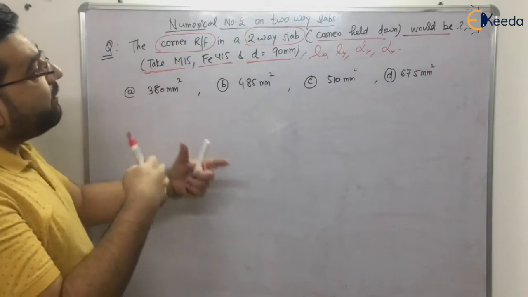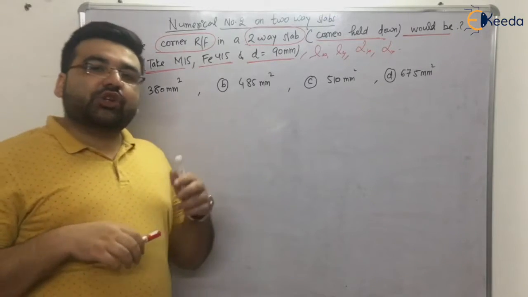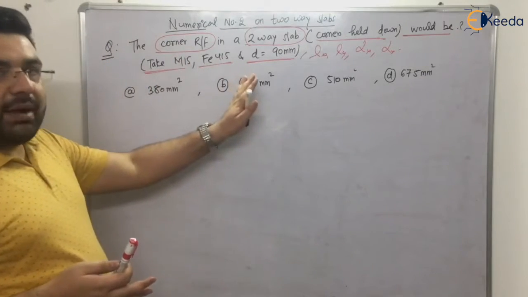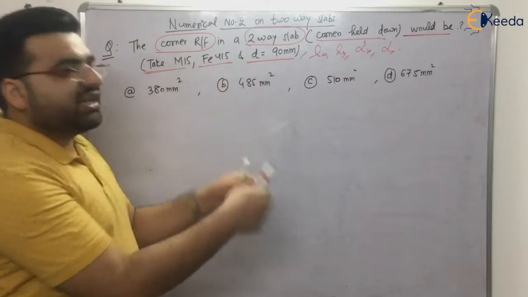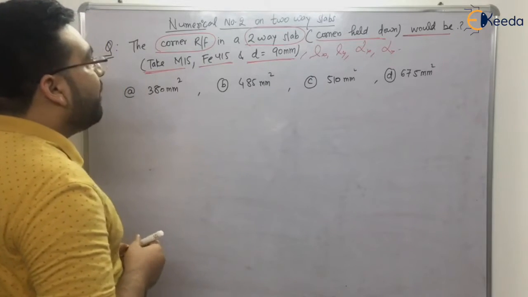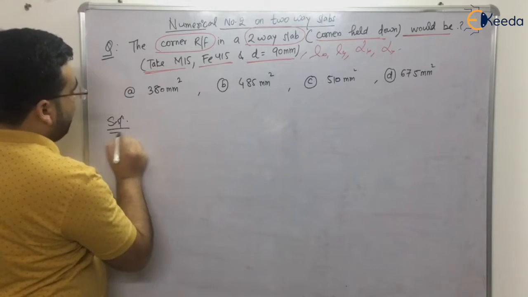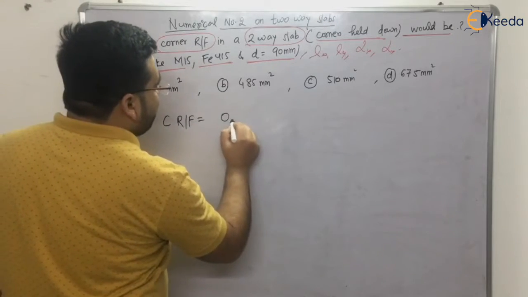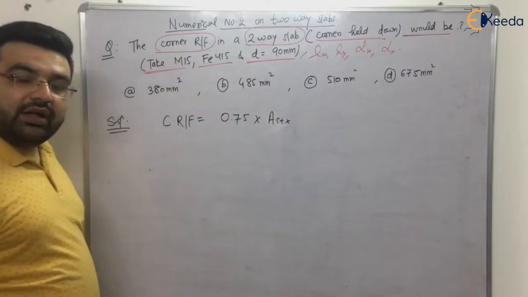So when such type of questions come, I told you that the slabs are actually designed as singly reinforced beams. So if nothing is given to you, just design the slab as a singly reinforced beam. First of all, let me calculate, because I know that the corner reinforcement is equal to 0.75 times ASTX.